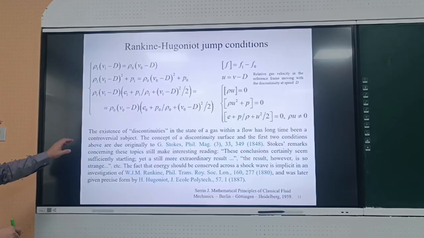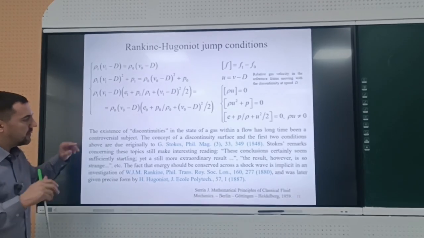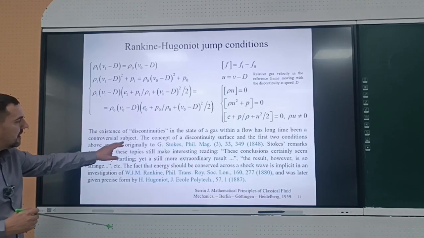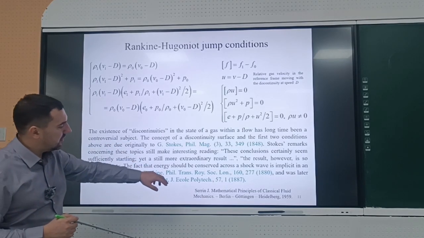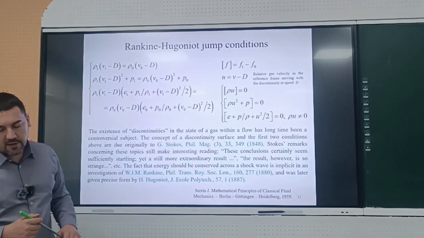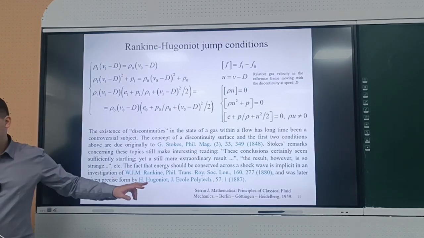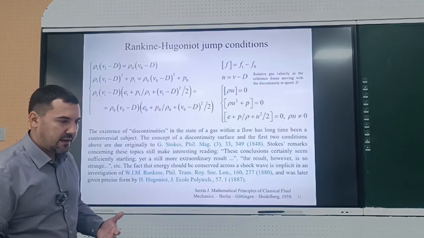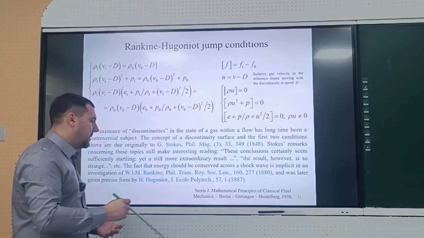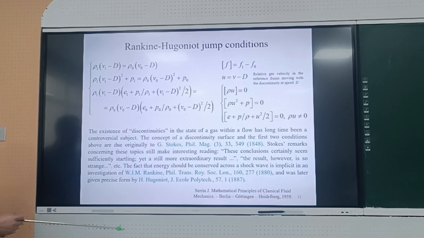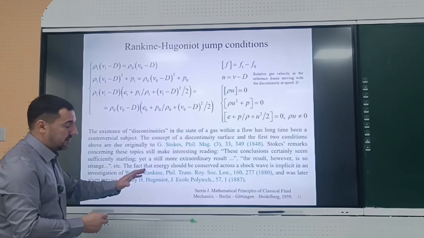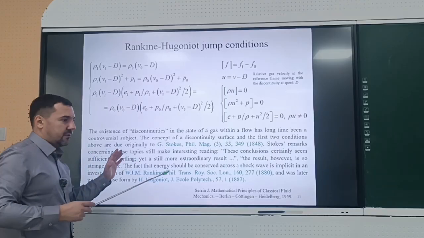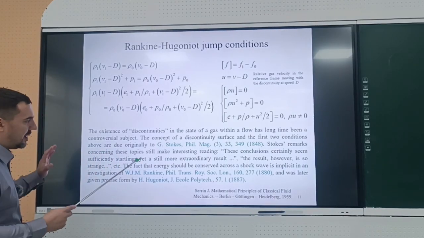The existence of discontinuities in the state of a gas within a flow has for a long time been a controversial subject. I used this historical note from the book by Serrin, an American mathematician, and in this book he provided mathematically rigorous results in fluid mechanics, and I can recommend this book. For sure it's a bit difficult, but for some topics the results can be directly applied.